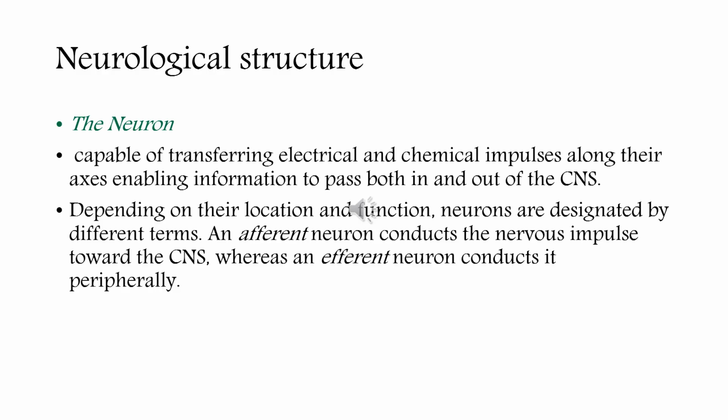And according to that, we have two main types of neuron: the afferent neuron and the efferent neuron. When we say afferent, we mean this neuron conducts the nervous impulse toward the CNS, while the efferent neurons conduct it peripherally from the CNS to other structures in the body.